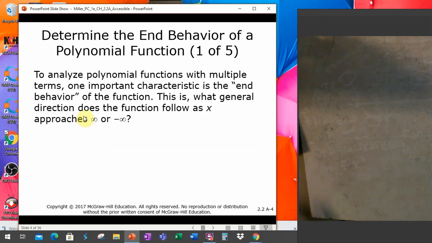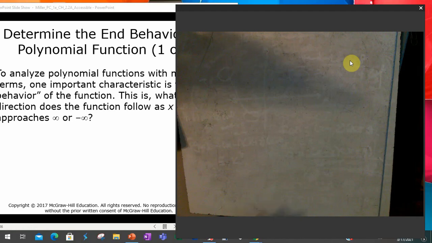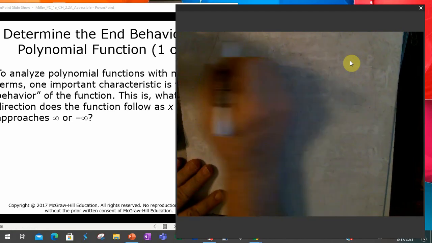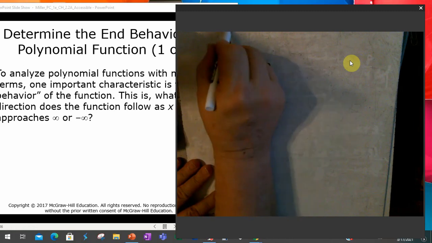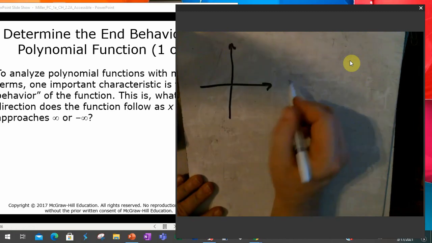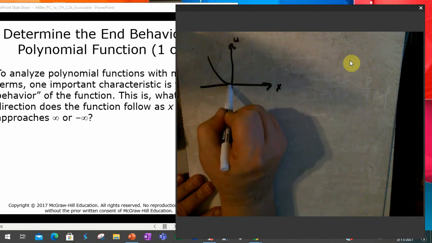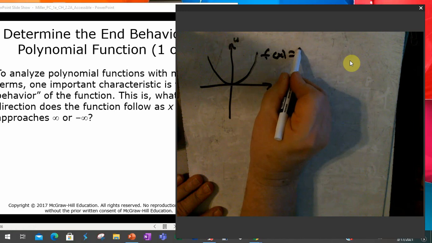So this is basically what we're talking about, and I want to go over to my side to put this into perspective. Let's talk about the two polynomials that we already know, the base polynomials. I'm going to sketch this out. Here's my x, here's my y, and I've got that base function f of x equals x squared.